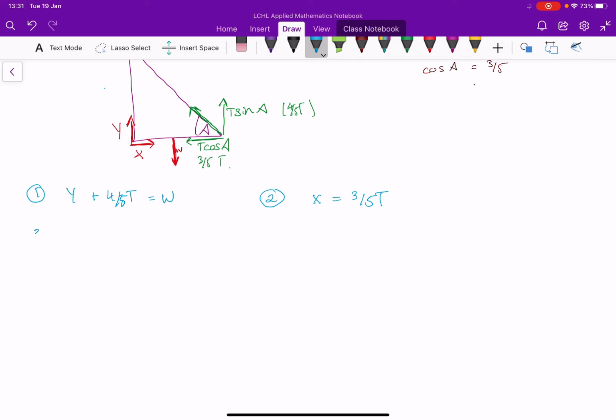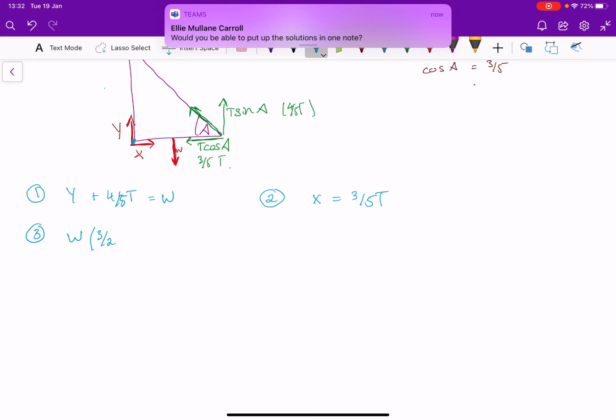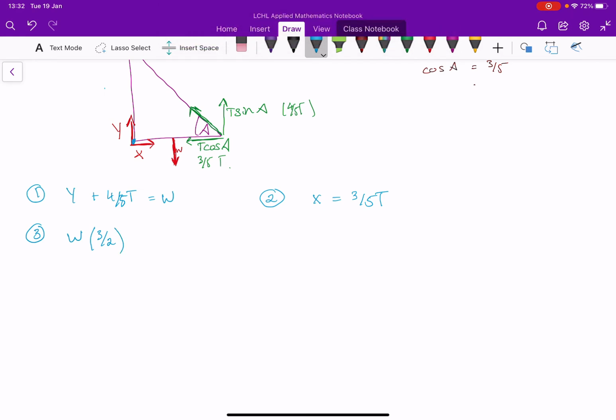And then the last thing I have to look at is the moments around the point P. If I'm looking at my clockwise moments first, that's W, and the distance of W from the point is 1.5 metres.